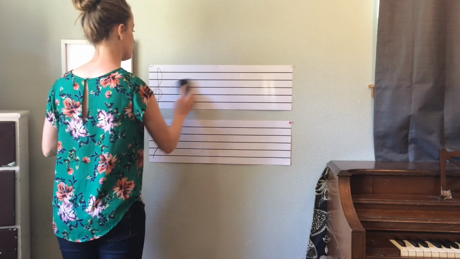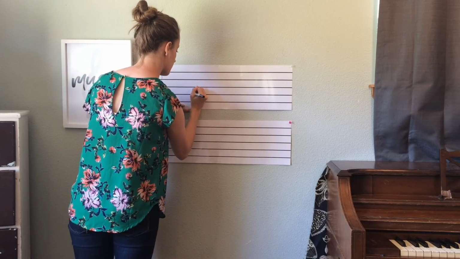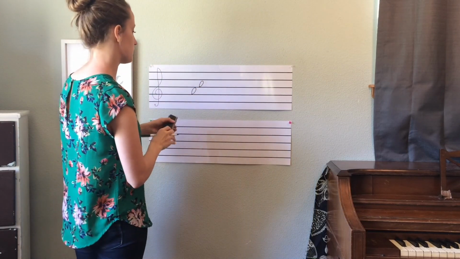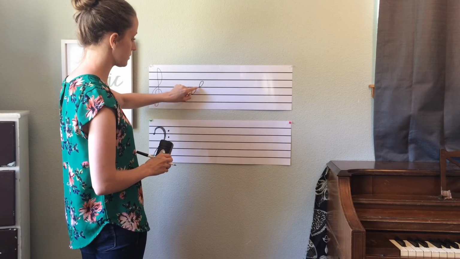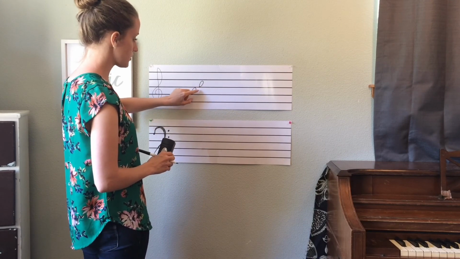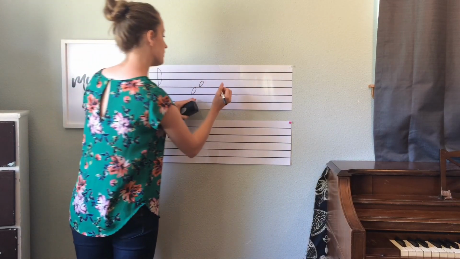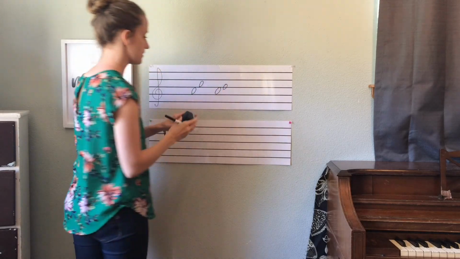And also, if you have space to space, this is a third. So these are 3 notes apart. This is A and C. There's a note in between that we're not playing. So you're going to skip a note. So you can think of this as a skip. So a third and a second.